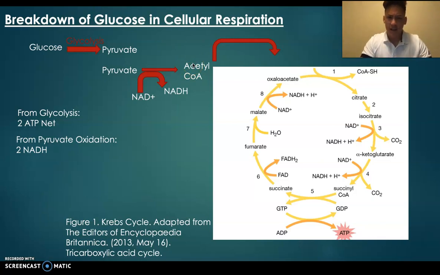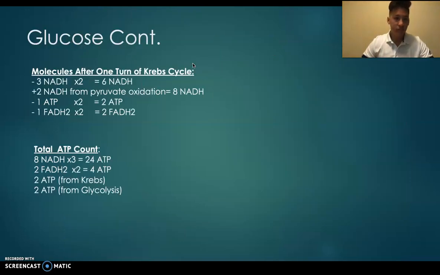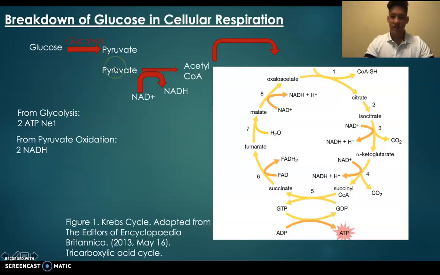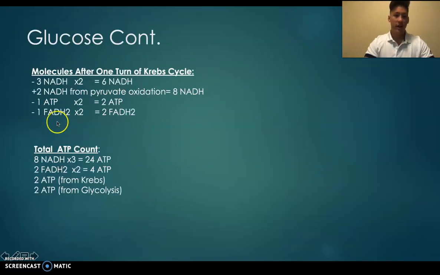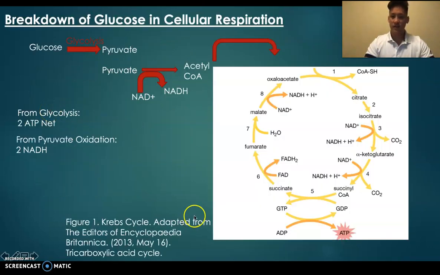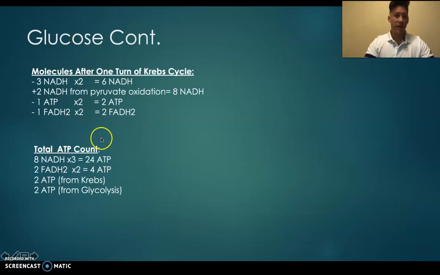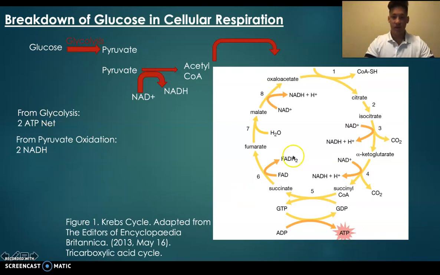Let's take a look at our total molecule count on this next slide. From one round of the Krebs cycle, we have 3 NADHs, like we said, 1, 2, and 3. We have 1 ATP made right here, and then 1 FADH2 made right here.